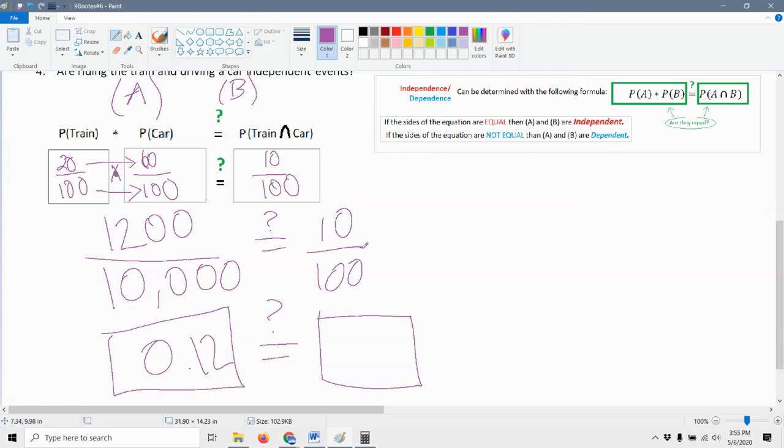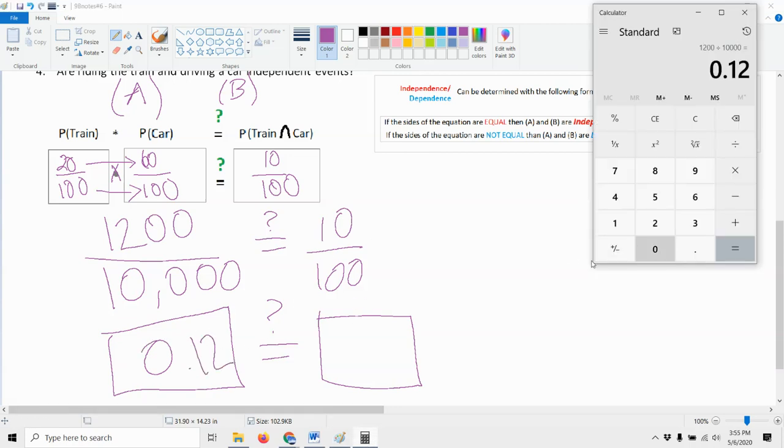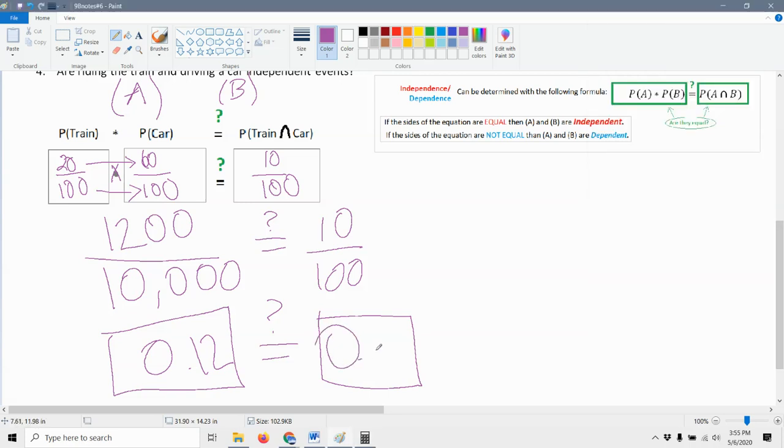Okay, now we'll do 10 divided by 100. And we get 0.1. And we're rounding to two places, so we'll throw in that second zero. So now we're asking that question, do they equal? And when I look at 0.12, and I ask myself, does it equal 0.10? They're close, but they don't equal.